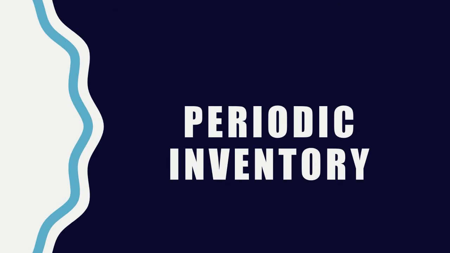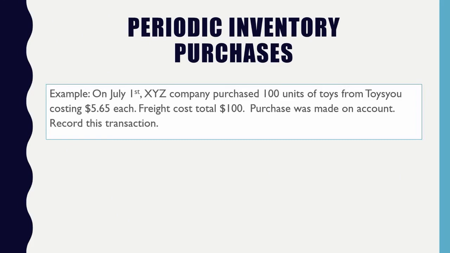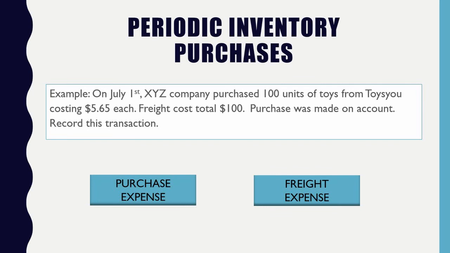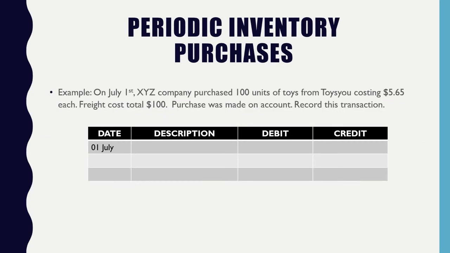Okay. So when we're talking about purchases of inventory, you are responsible to know how to journalize it, right? Like I mentioned before, you're responsible for knowing purchase expense and freight expense. And if I say I paid it on account or I paid in cash, you need to be able to separate the costs and differentiate, right?